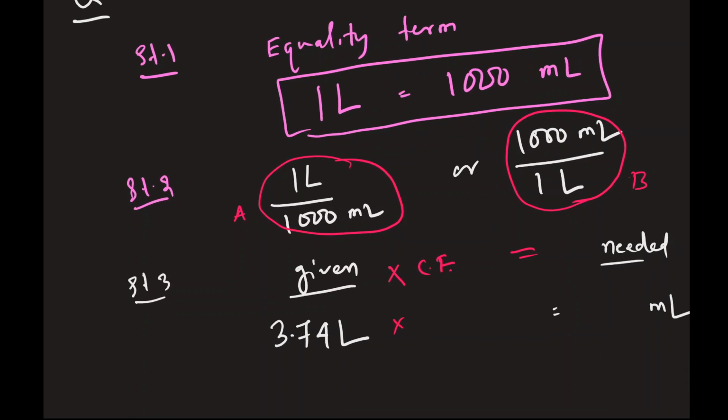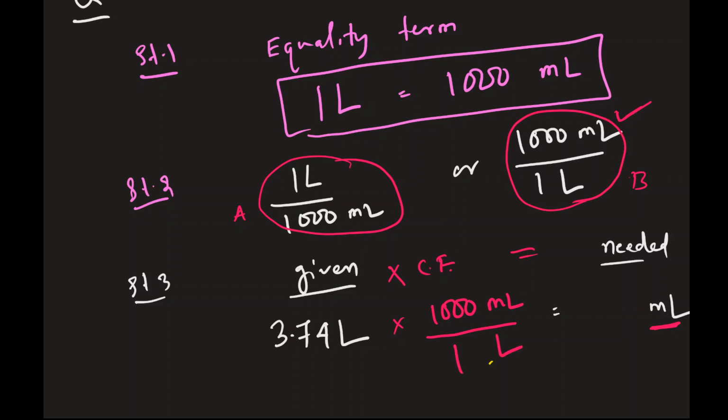We want milliliter on top. So which one has milliliter on top? B has milliliter on top, because your needed unit is milliliter. So the conversion factor would be B, 1000 milliliters per each liter.